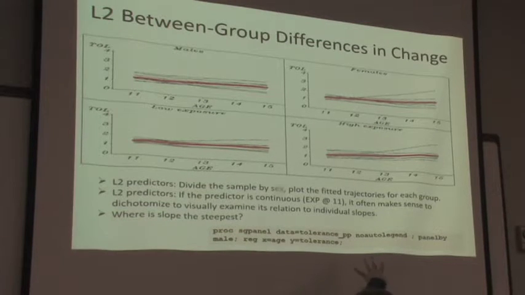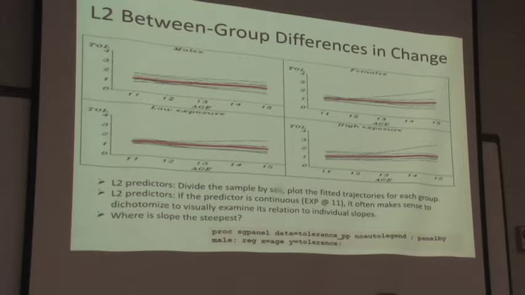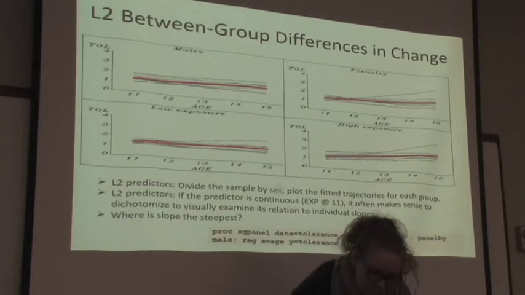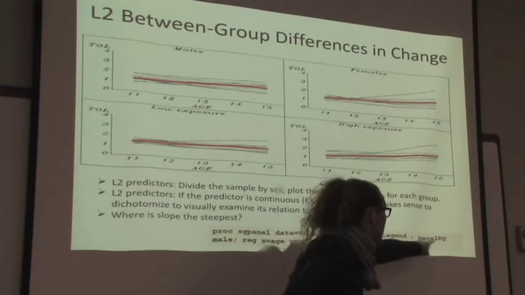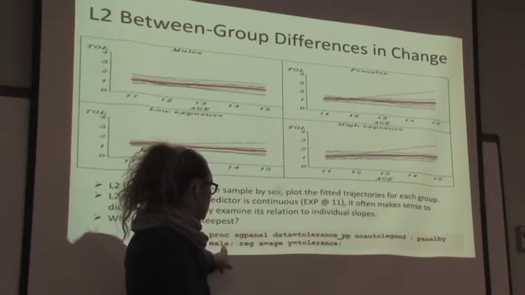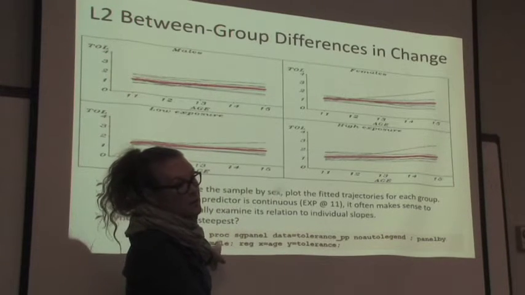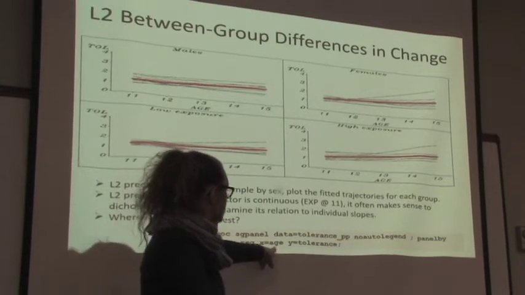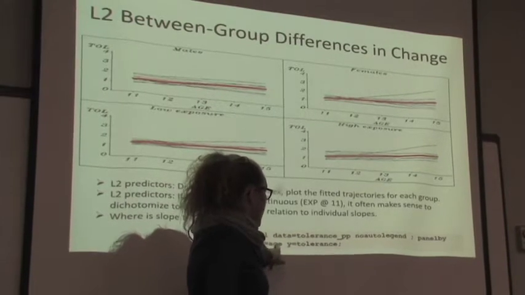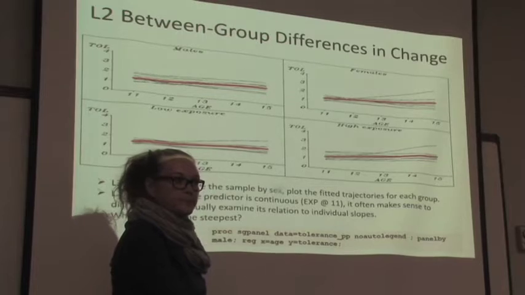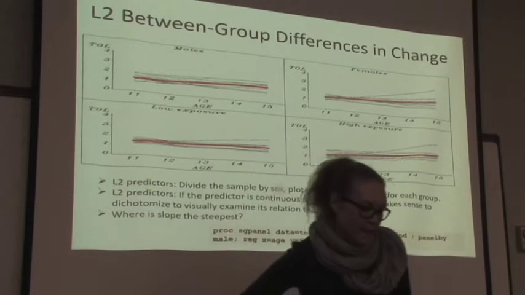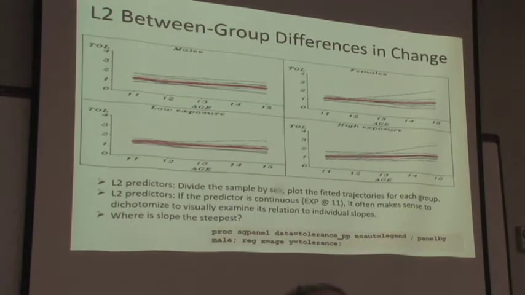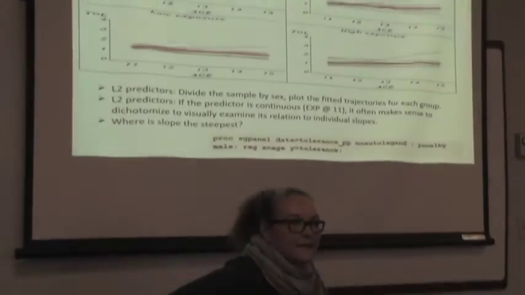You're just asking for no autolegend, no legend, default legend. Panel by male, which is the variable name. In this case, it's not called sex. Plot regression for age by tolerance. Okay? Any questions on that? Okay.